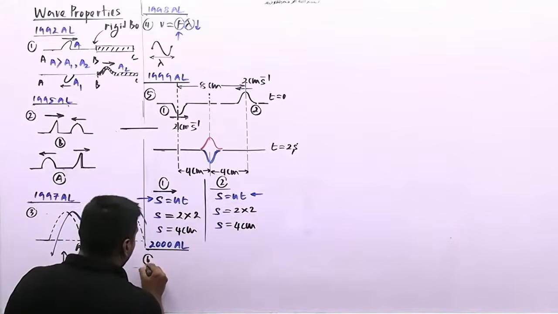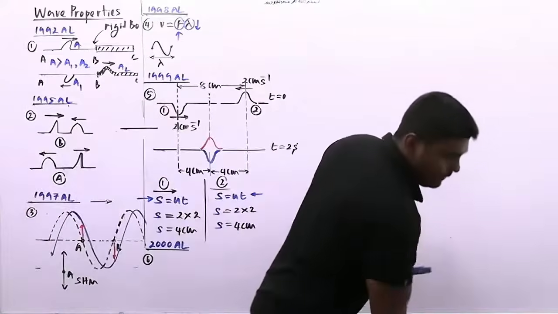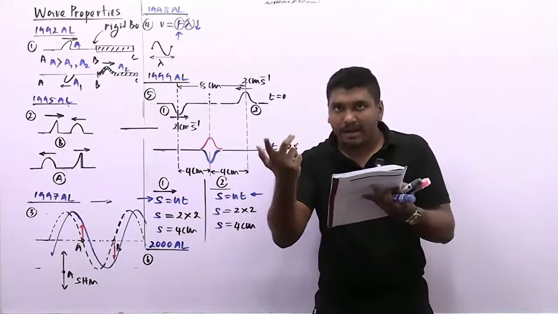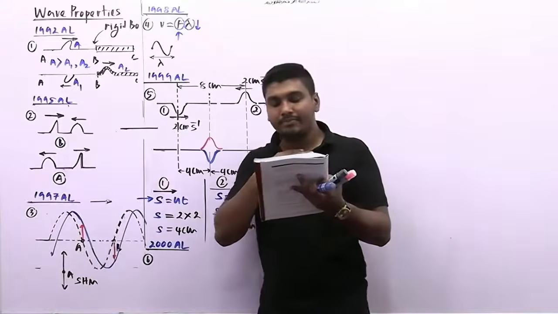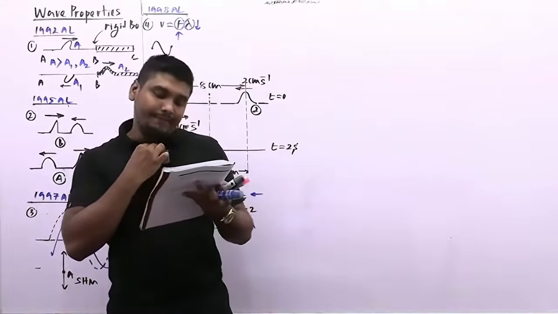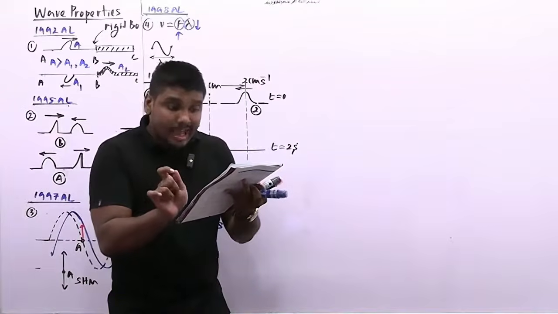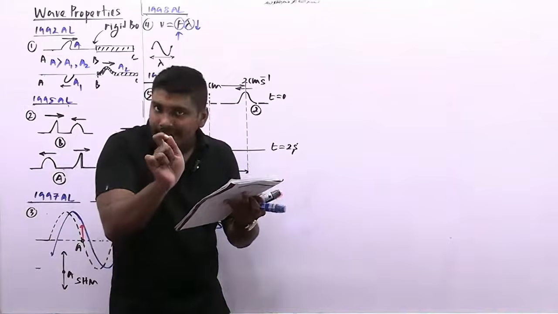Question number 6. They are saying that a transverse pulse is traveling on a stretched string as shown in the figure. The left end of the string is tied to a light ring that can slide on a frictionless rod perpendicular to the string.